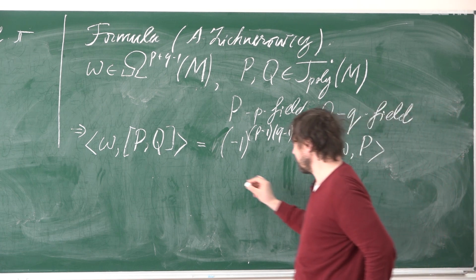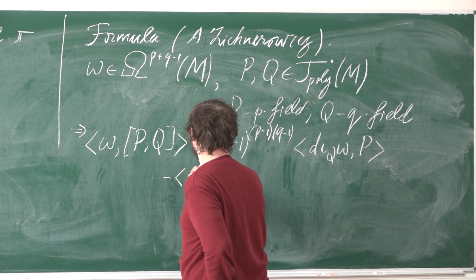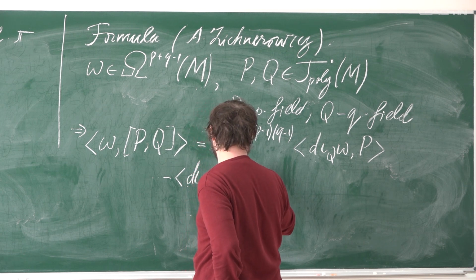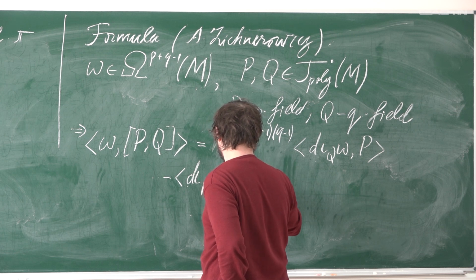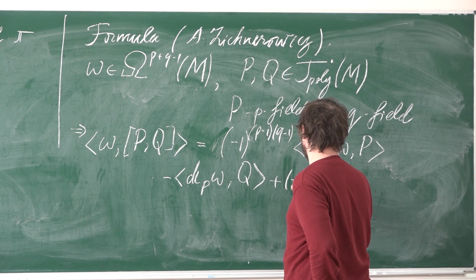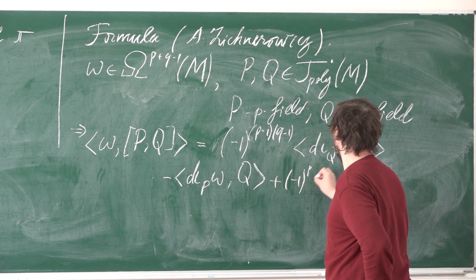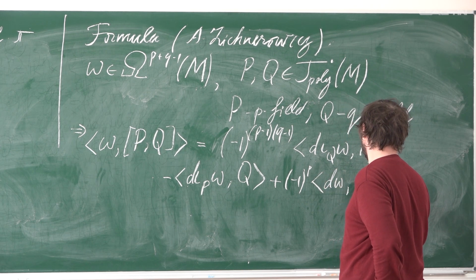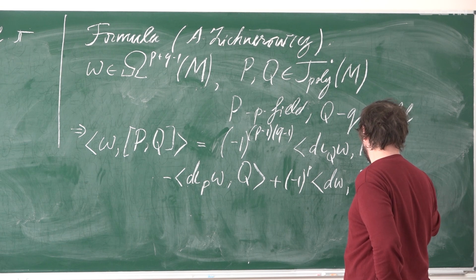Then we need to subtract d i_p of omega paired with q, and add minus 1 to the power p, I believe, times the pairing of d omega with the wedge product of p and q.